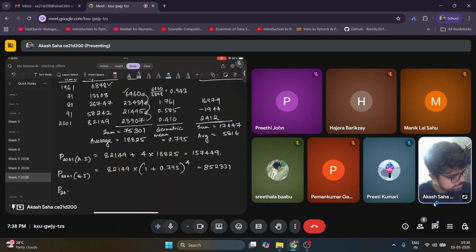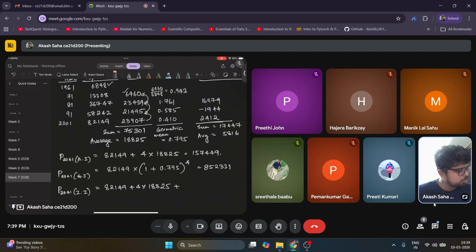So P of 2041 with incremental increase, it is like first write the formula of the geometric increase, same, whatever geometric increase you have taken, same, then add n into n plus 1 by 2.